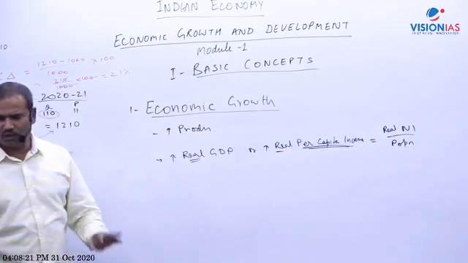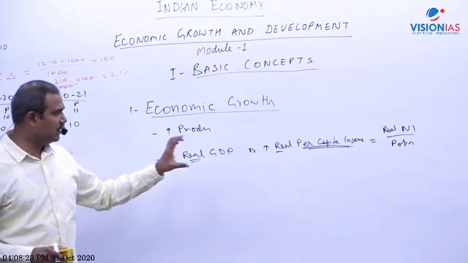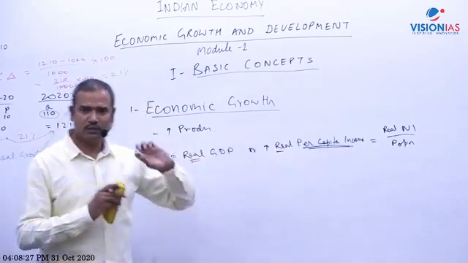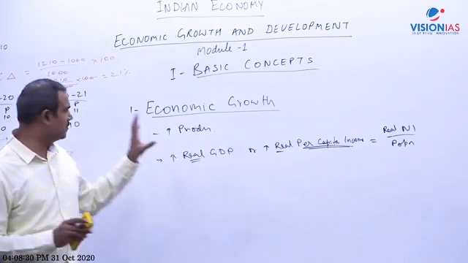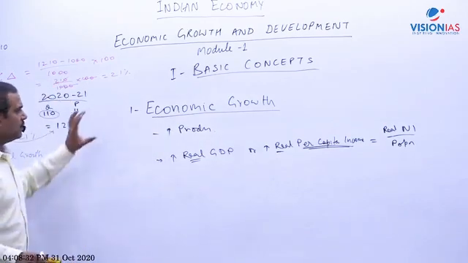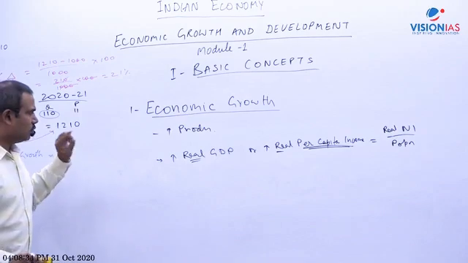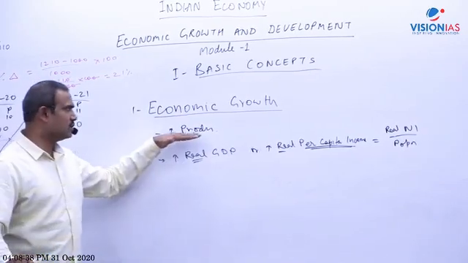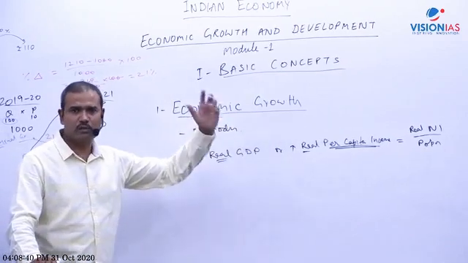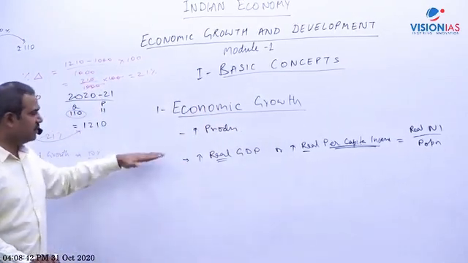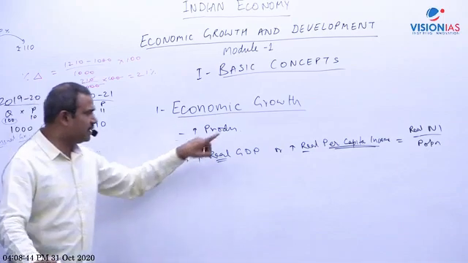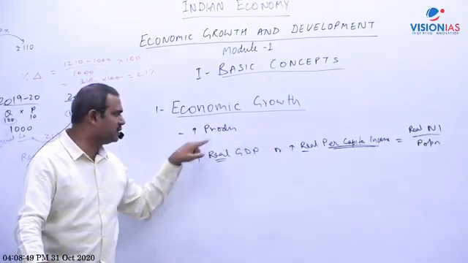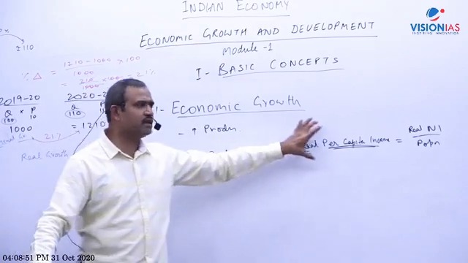Don't worry, I will discuss real per capita income in detail, because it will take time. In chapter 4, I will give you everything in detail. So in simple words, what is economic growth? I gave you two definitions. One definition is an increase in production of goods and services in an economy over a long period of time. The second definition is a persistent increase in real GDP or real per capita income.